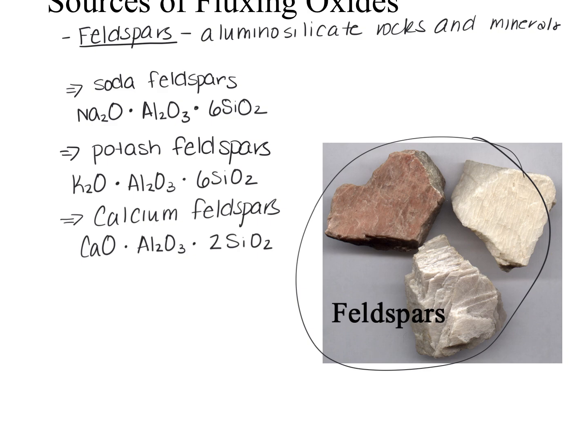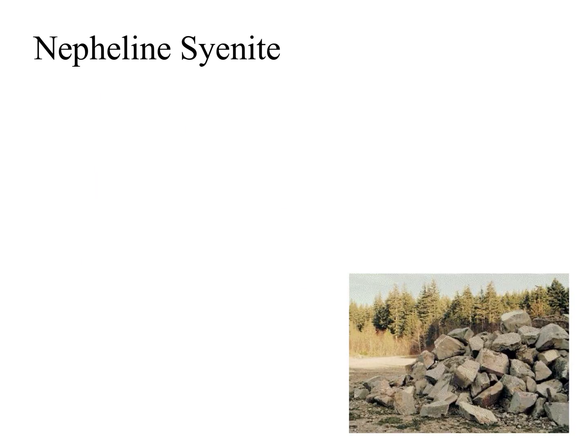Now, another source of fluxing oxides that we can have is nepheline syenite. This is just another fluxing agent.